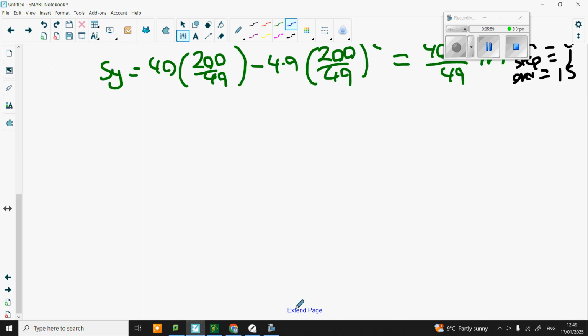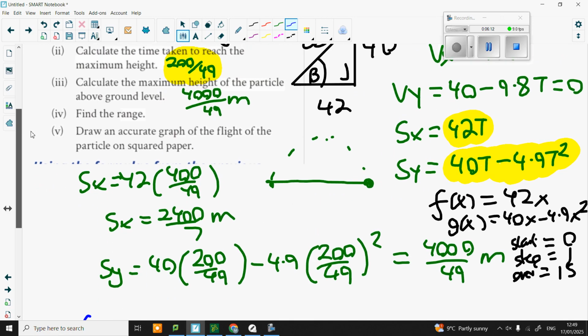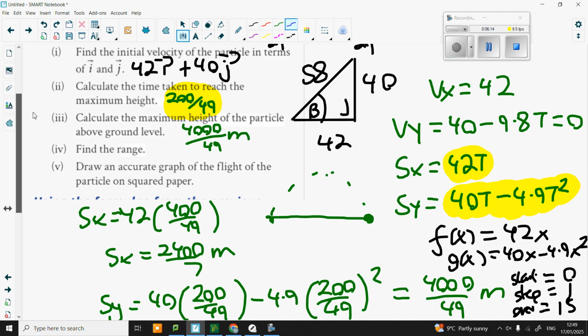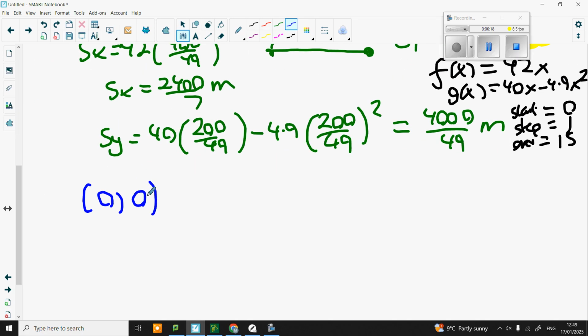So guys, what do you get for the SX values? 0 what? To start off, 42. Oh, sorry. Yeah, no, be careful about that, guys. It's 0, 0. I guarantee you that the SX and SY at X value of 0 is 0, 0.